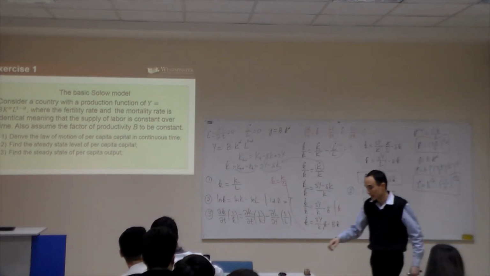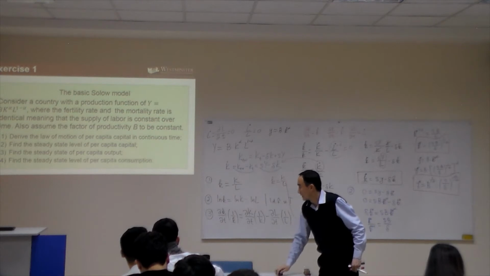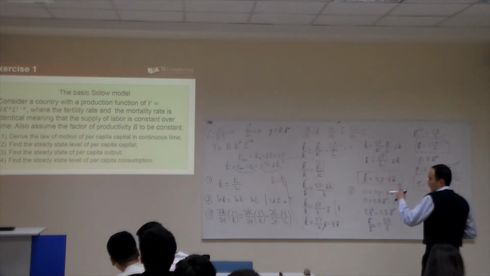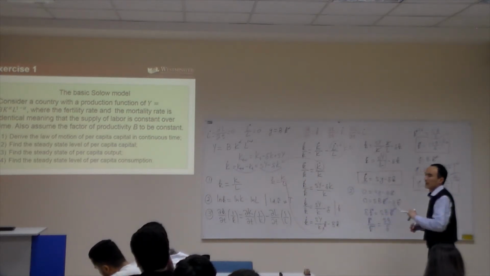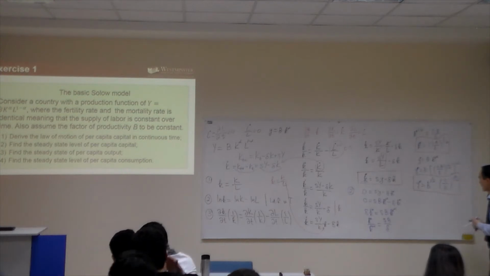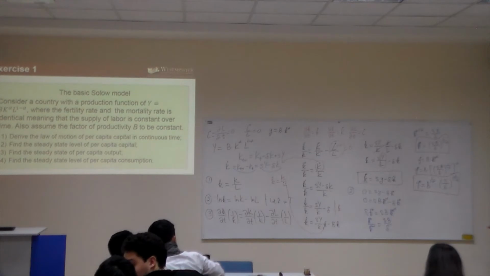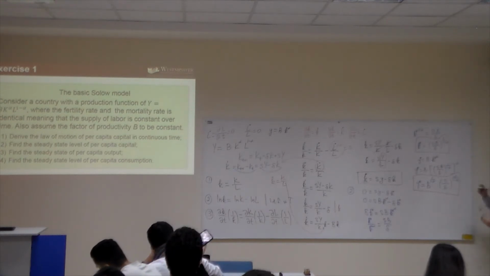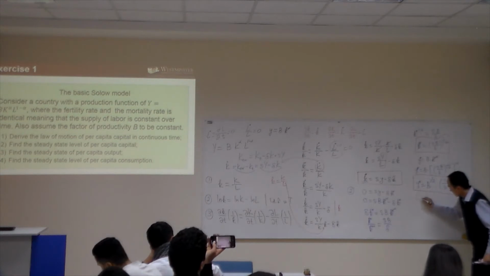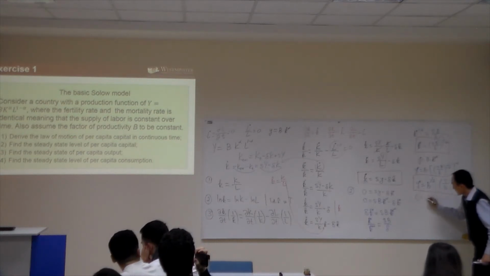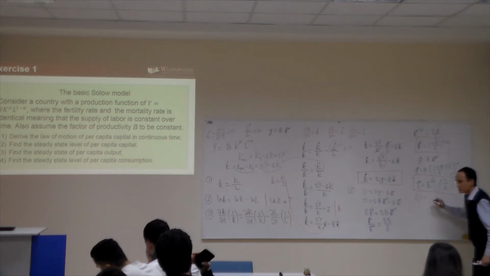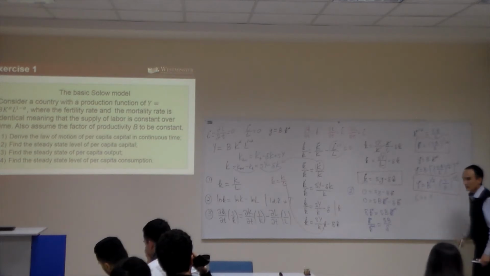And the last, fourth one: find the steady state level of per capita consumption. What is per capita consumption equal to? We know consumption is equal to consumption rate times income.